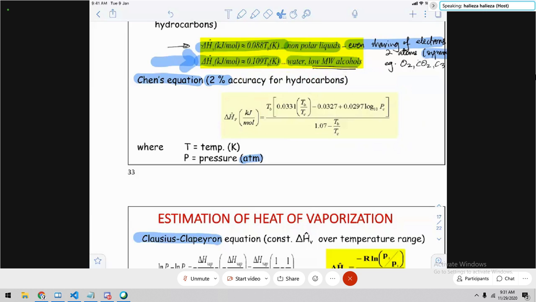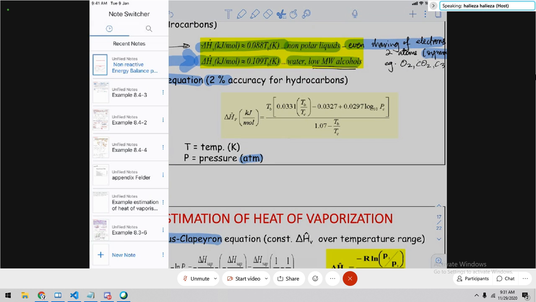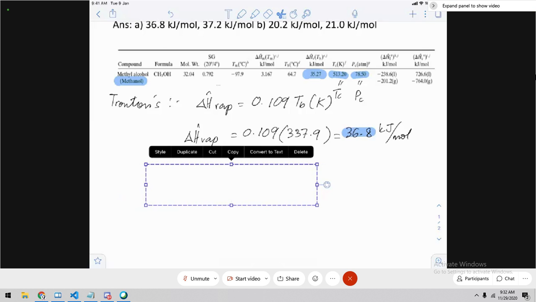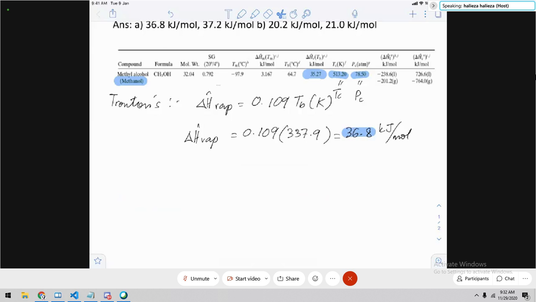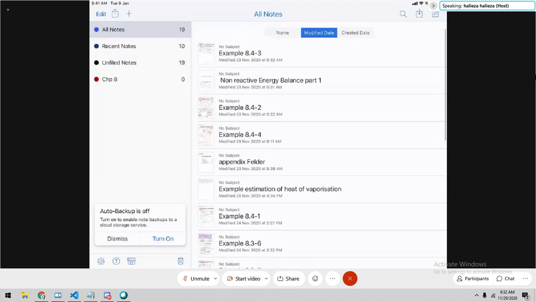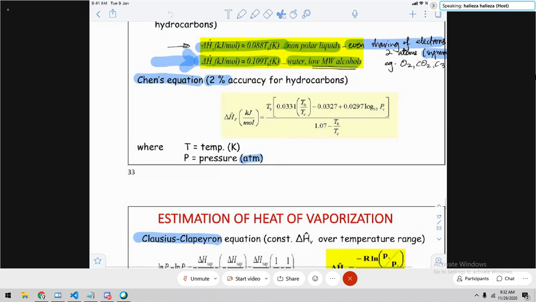Copy, and we're going to go to that example and paste it. Oops, how come there's nothing here? That's weird. What's wrong? Let me go back to my notes. Where's my note just now? Why can't I copy it? Let me try to copy again.